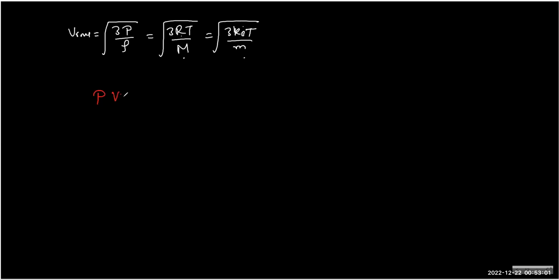So PV equals nRT is one way of writing, but we also have PM equals rho RT. There's a third way of writing as well, in terms of number. So again, PV equals nRT, but n we can write as capital N, the number of molecules upon Avogadro number.